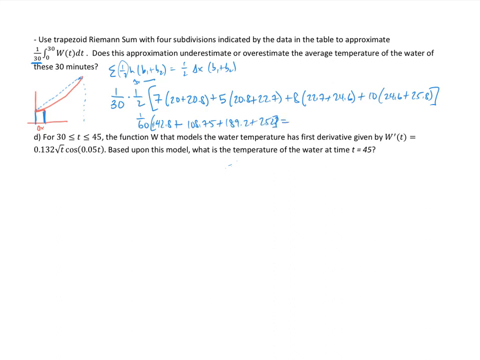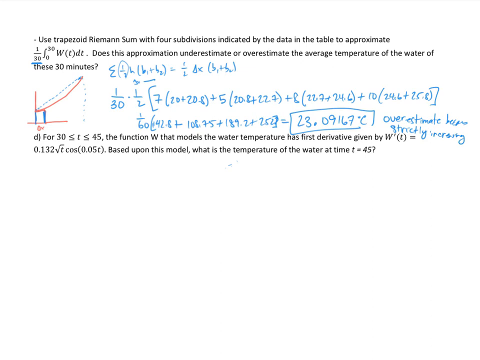All this will come out to be 23.09167. It came out to be the same exact thing, and we said this is an overestimate because it's a strictly increasing function.